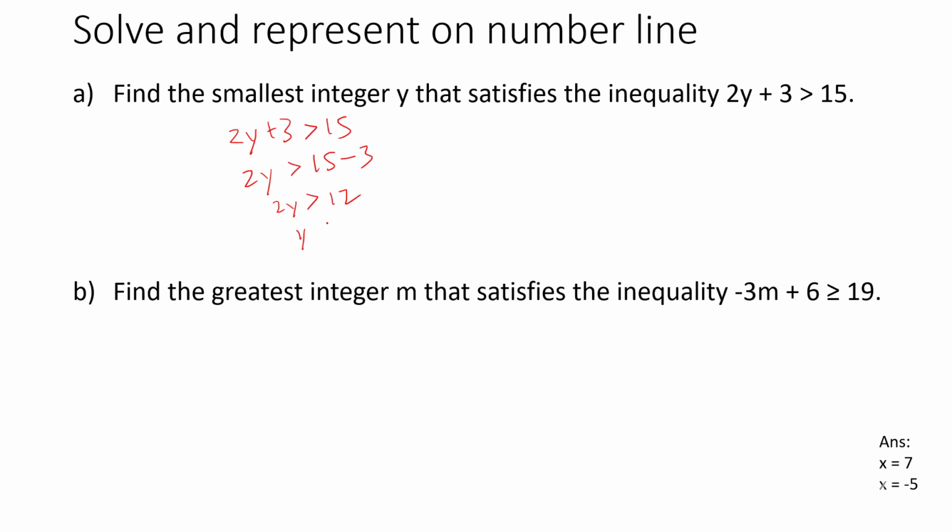Then y will be larger than 12 divided by 2. y will be larger than 6. And if I draw the number line, 6 is here, circle here, and this is the range of y. And I can tell that the next whole number after 6 will be 7. That's why my answer is 7.